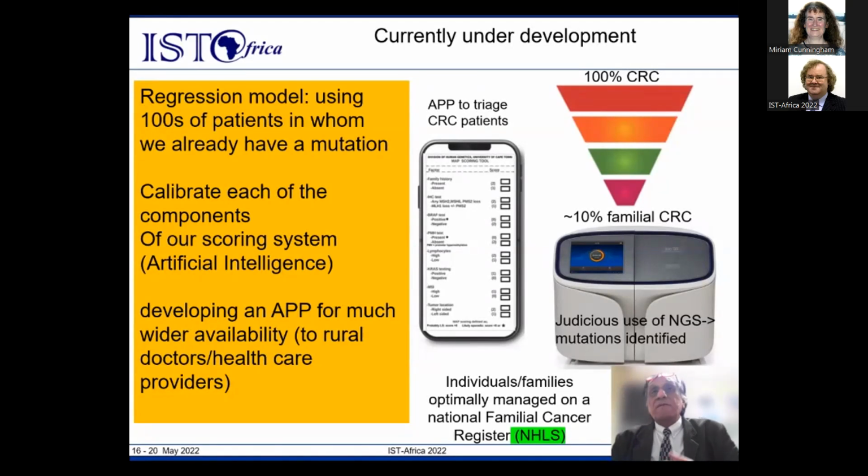And we're collecting all of the clinical data as well as the laboratory diagnostics for those individuals. And we're using that to calibrate each of the components of the scoring system. And this is to a lesser or greater extent using artificial intelligence, so the system learns to improve itself as we go along. And ultimately, and perhaps pretty soon, what we would have is an app for much wider availability.